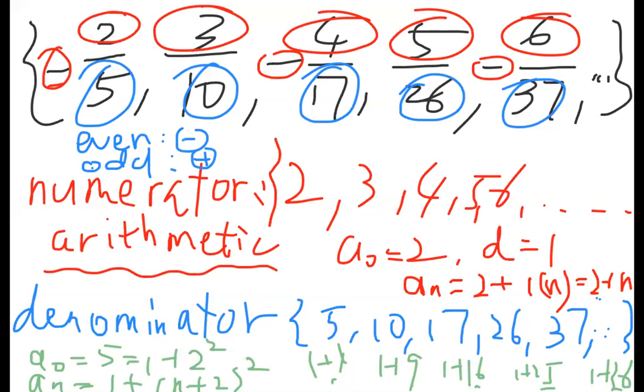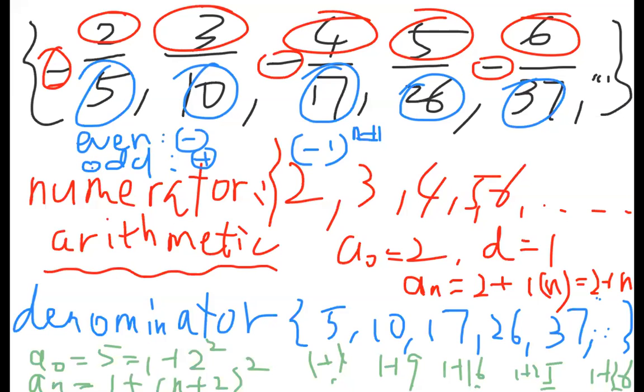So you have to apply -1 to the n plus 1 power instead of n, like we did before, to whatever pattern we found for the fractions. Because for even terms you have negative, you have to switch from even to odd by adding 1 to the power.